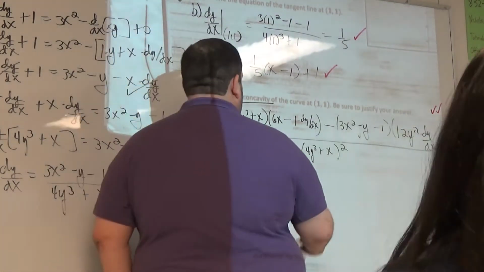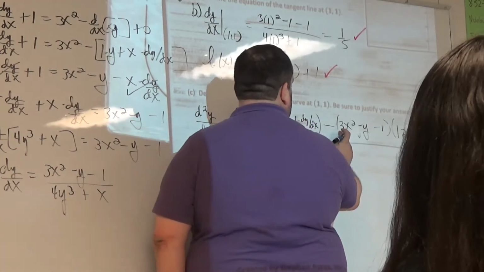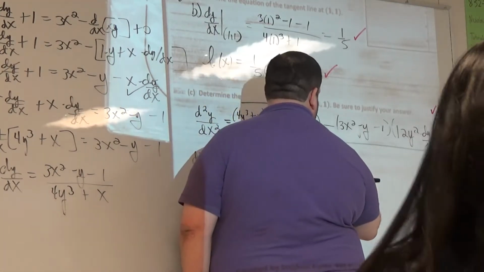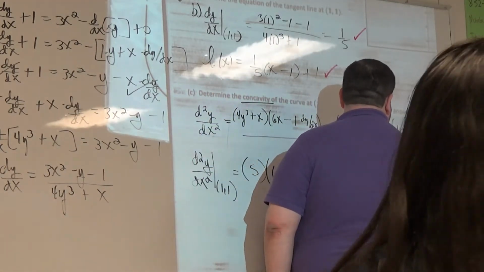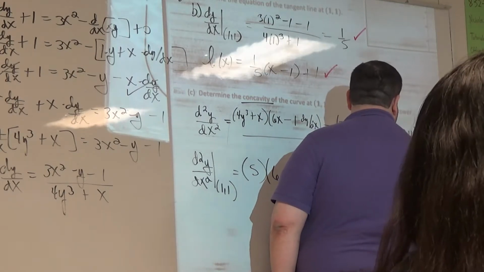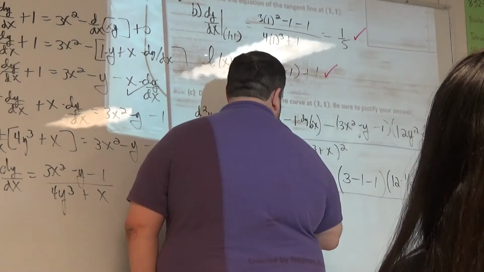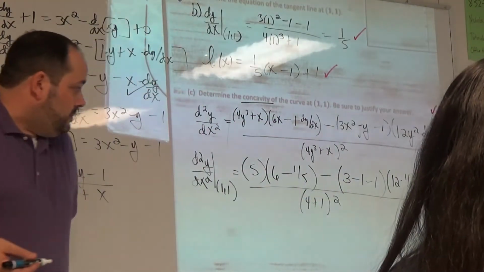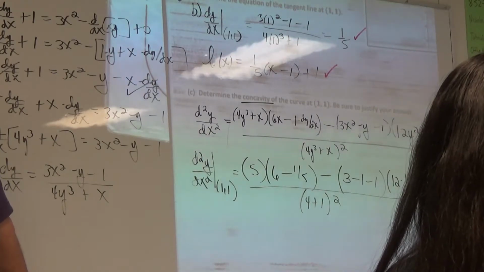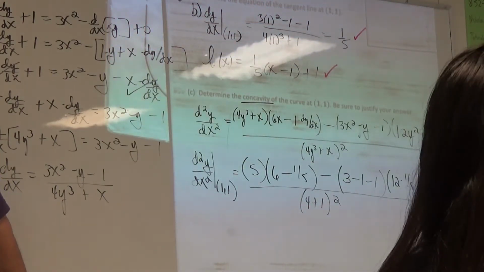We already figured out it's 1/5, so that's a place where you get to use that. Minus 3 times 1 squared, 3 minus 1 minus 1. 12 times 1 squared is 12, times 1/5 plus 1, over 4 plus 1, the whole thing squared. And for all my friends who are being well raised, you know not to simplify.